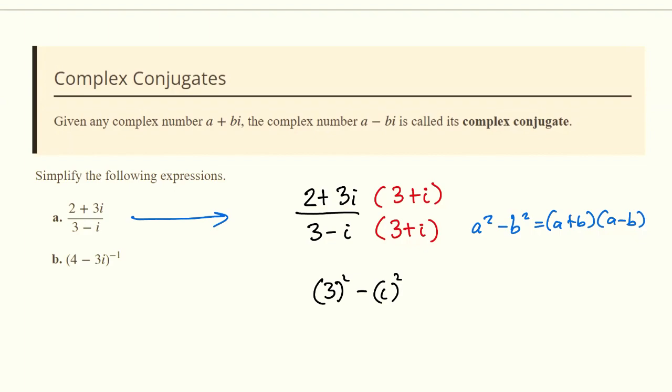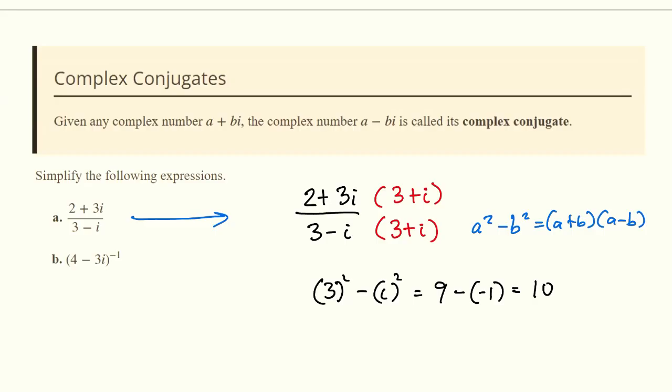Well, 3 squared is just going to become what? 9 minus, what's i squared? So that becomes -1, which in turn, a negative and a negative make a positive, so that's just 9 plus 1. And you have now gotten rid of any radical on the bottom. And you have a 10.